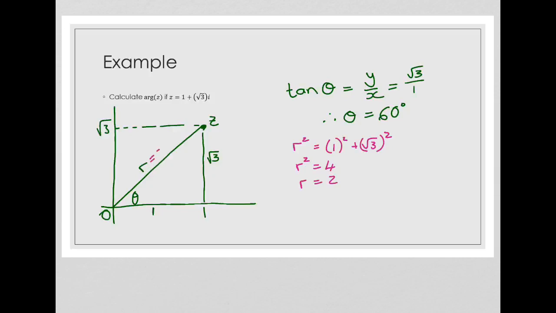So now, from this, if we wanted to use sine of theta, that would be equal to square root of 3 over 2, or if you used cos of theta, it will be 1 over 2. But from all of this, we have that theta is equal to 60 degrees. So, for my final answer, I want to write the argument of z is then equal to 60 degrees. Make sure that you always answer the question.